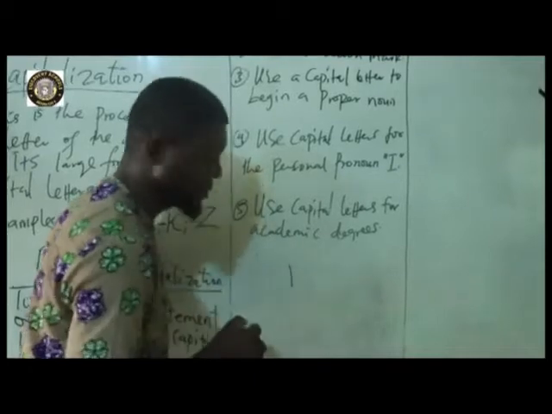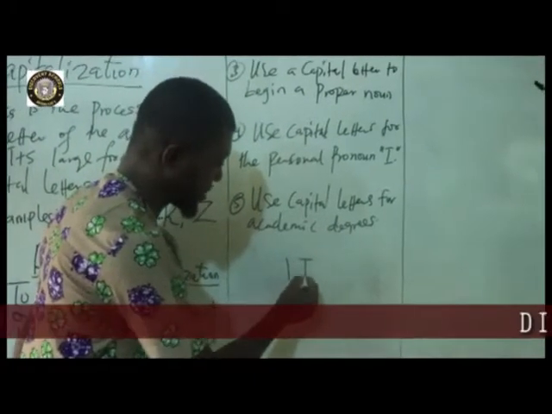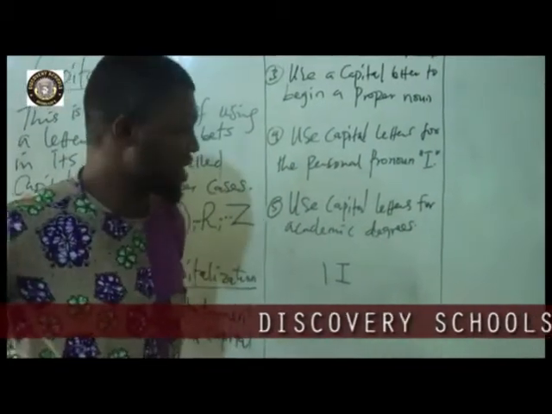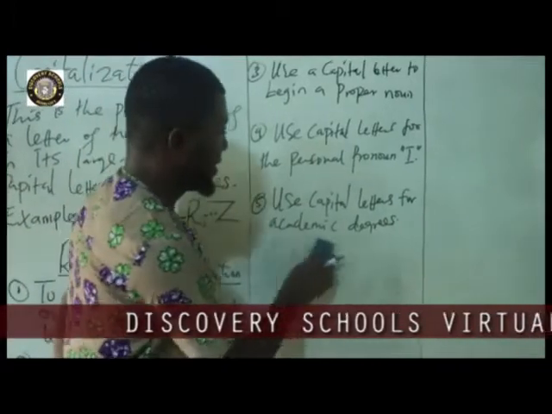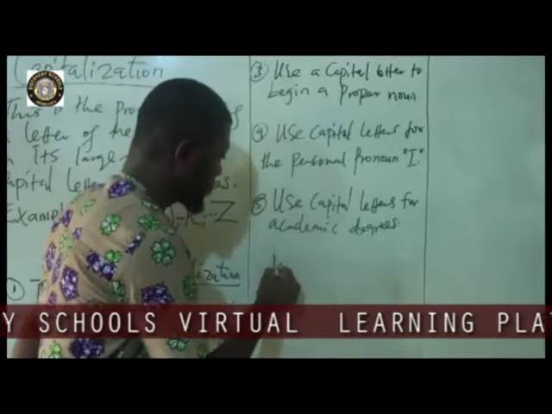Good. Now, when you're writing I, no matter where it appears in a sentence, you write it like this, without dotting it, or you write it in bars like this. No matter where it's appearing in the sentence. Whenever you want to mention the word I did this, I did that. For example, look at this.